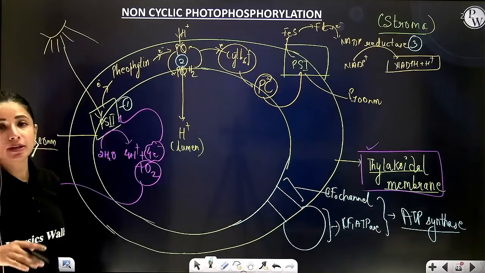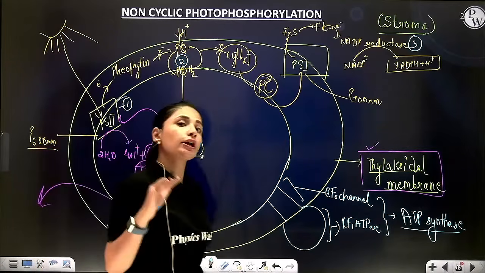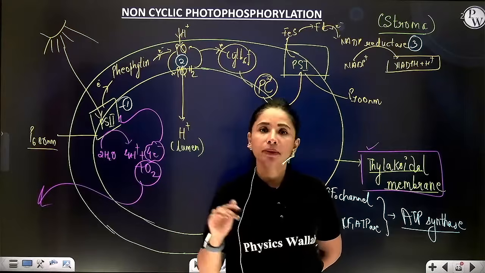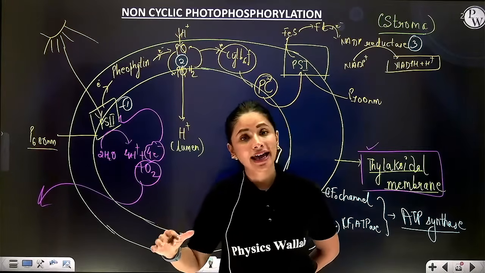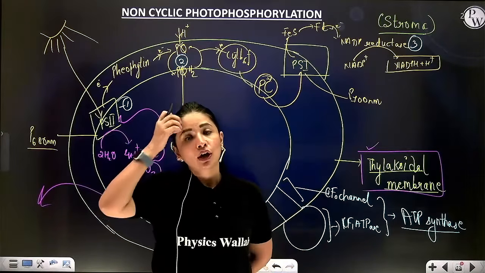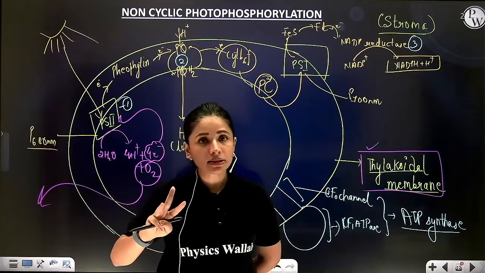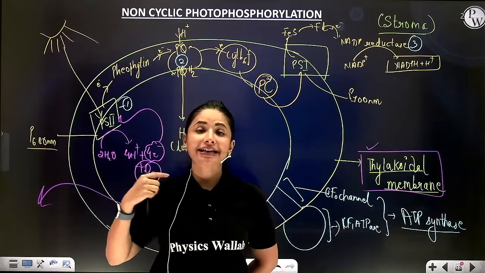This enzyme is going to accept the free protons from the stroma and produce NADPH2, because of which again the number of free protons in the stroma gets reduced. So there are 3 reasons how the gradient is established.